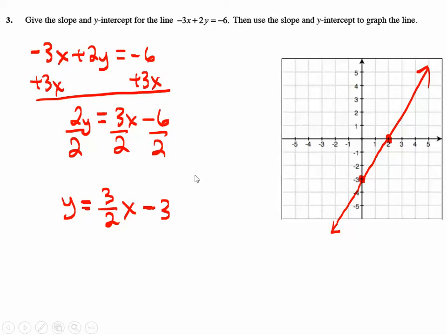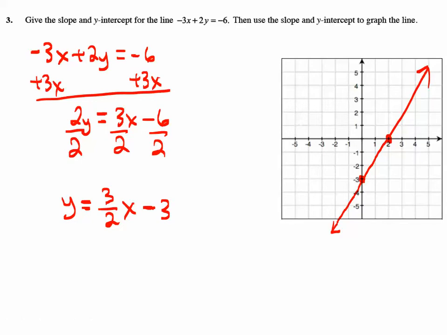If it's y is equal to, if it's in this form right here, normally we use y equals mx plus b. So it really depends which form it's in when it's given. Now, can you change it into the other form? Absolutely. We just did that right here. That would be more like an intercept form. Solved it for y real quickly here, and then graphed it. So whichever choice you prefer, you're going to get the same exact graph, so it's okay.